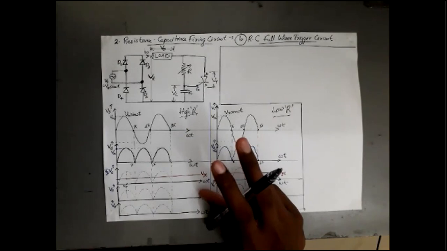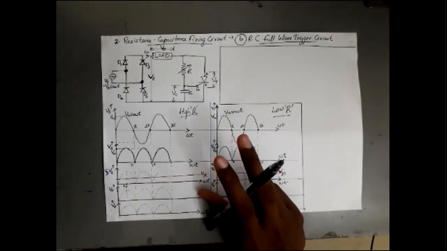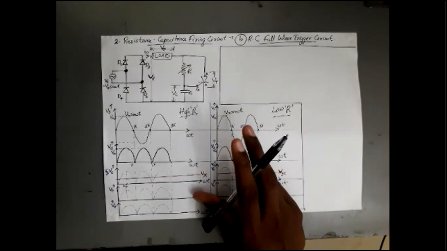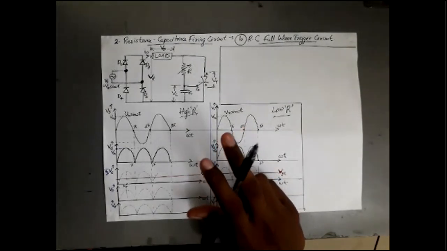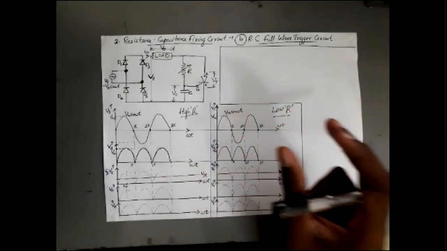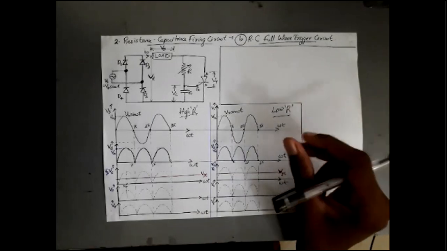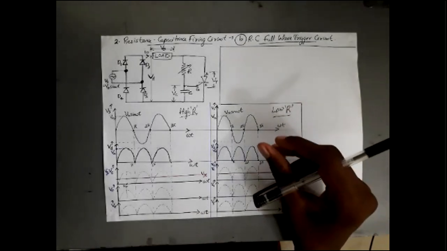Then we brought in the RC firing circuit, in which first we introduced the RC half wave trigger circuit, in which one limitation of the R firing circuit has been rectified, that is the firing angle can be varied from 0 to 180 degree, whereas in the R circuit we can vary only from 0 to 90 degree.